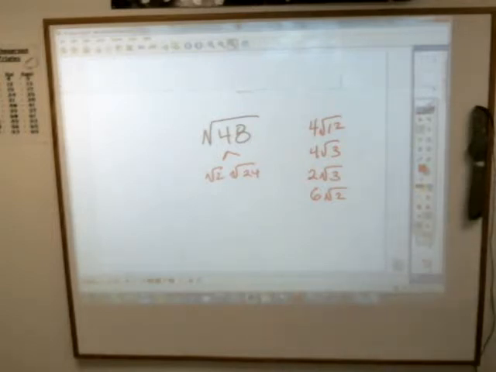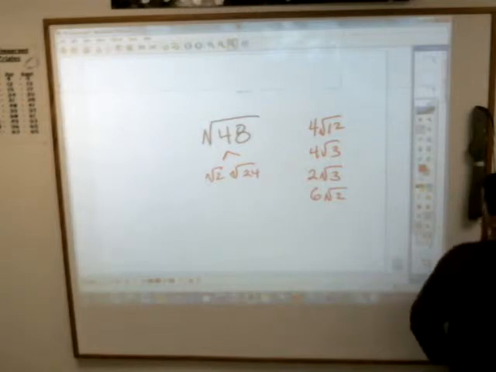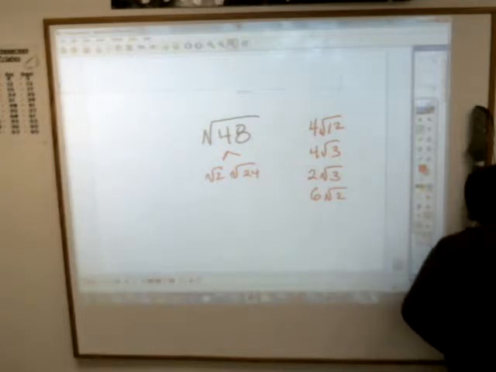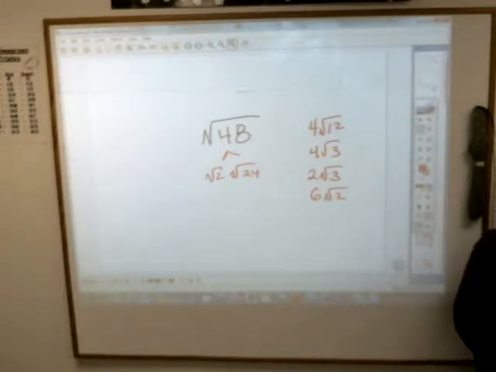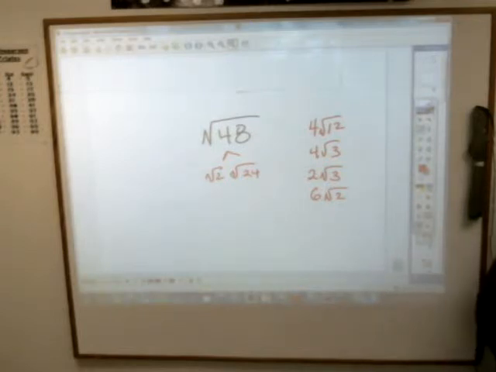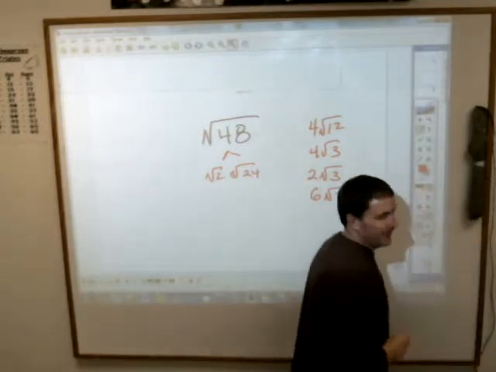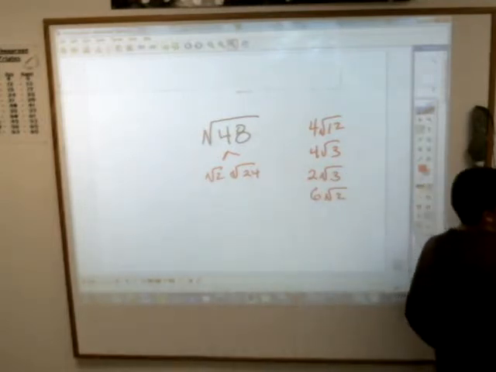time. You ended up with the square root of 48 was the square root of 2 times 24, right? 24 was 2 times the square root of 12. 12 is 2 square roots of 6. So you end up with, I'll rewrite it out in order here.